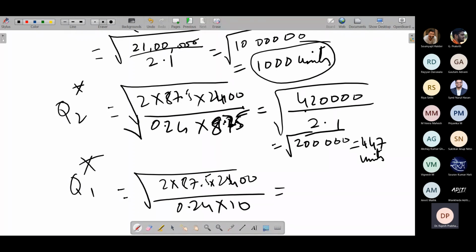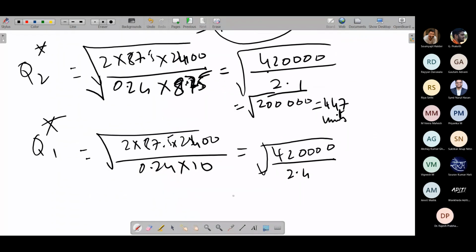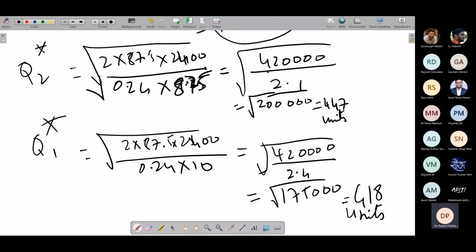That is 4,20,000 divided by 2.4, root of 1,75,000, which equates to 418 units.